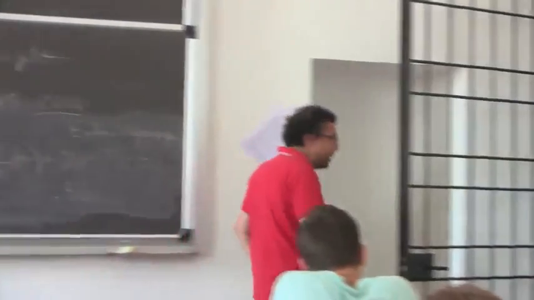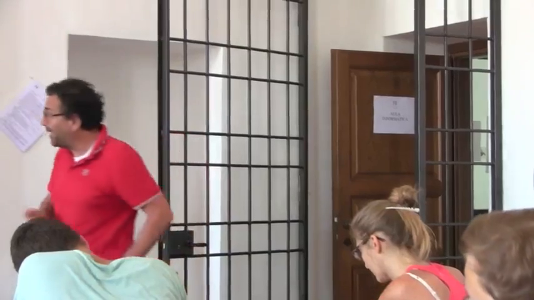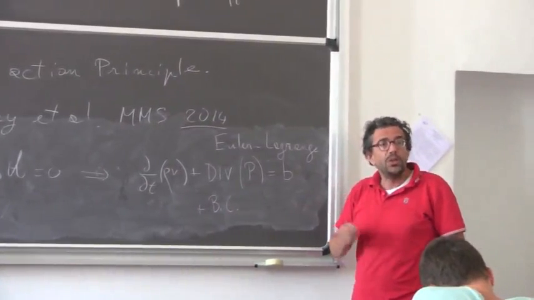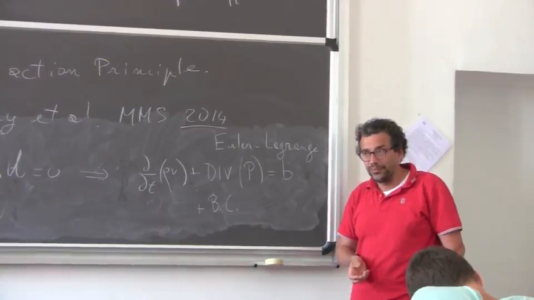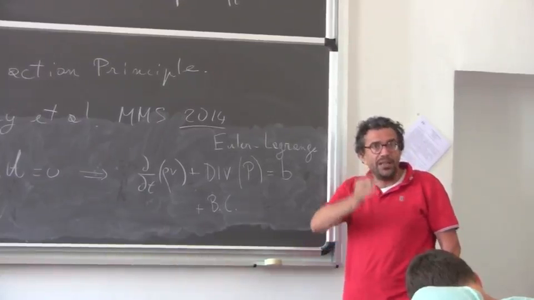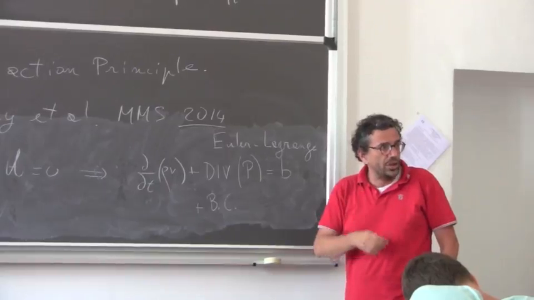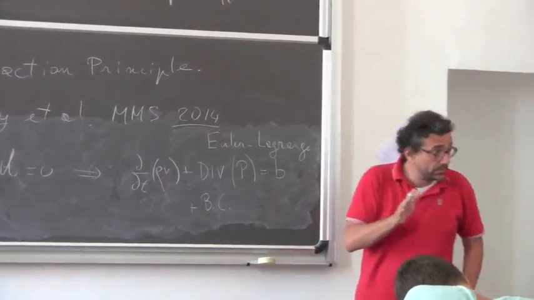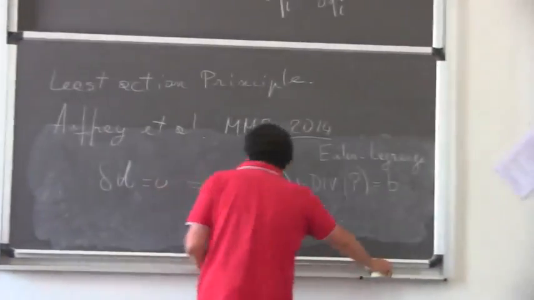What you are doing is reducing a problem in which the unknown field is the placement field to a problem in which you have a finite number of real numbers. So you have A1, A2, AN parameters which are characterizing your displacement. This is what is done by COMSOL. COMSOL is doing this.